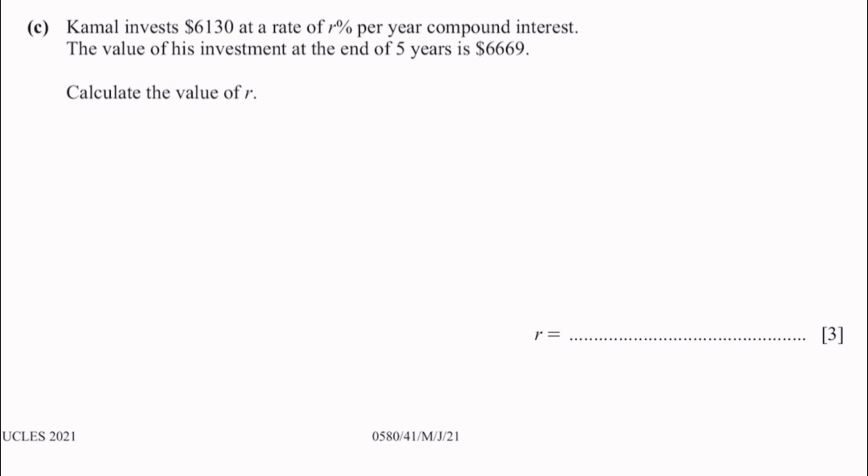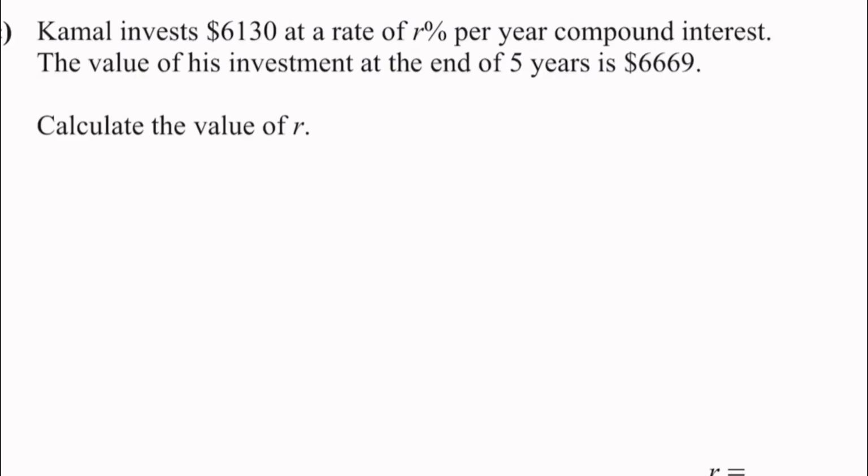Kamal invests $6,130 at a rate of R% per year, compound interest. The value of his investment at the end of 5 years is $6,669. Calculate the value of R. In order to easily calculate the value of R, I will represent K as 1 plus R over 100.